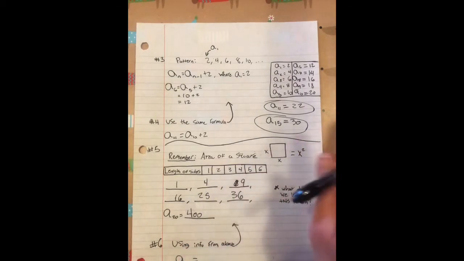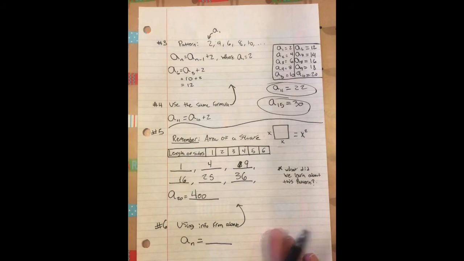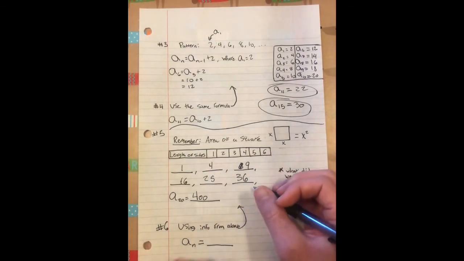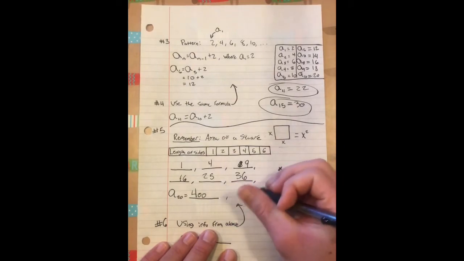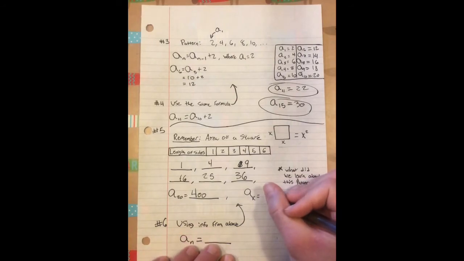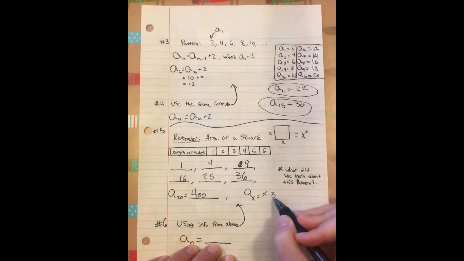What if I had some arbitrary term that I didn't know? Well, what do we call something we don't know? A variable, right? So if I said, hey, what's x to the x? What's the term x to the x? You would say, well, it's just going to be x times x, right? Length times width, or side times side.